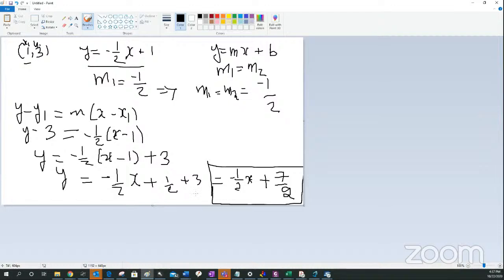So that's how I did it. The main point is that we always have to remember the equation of the line with the slope.